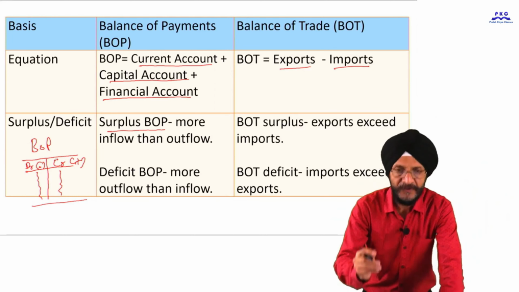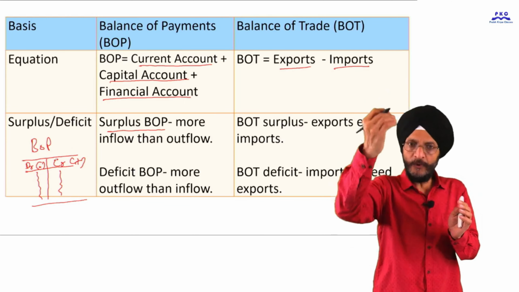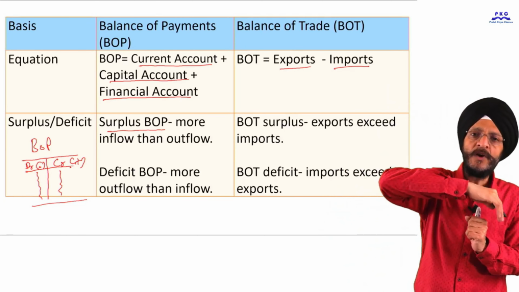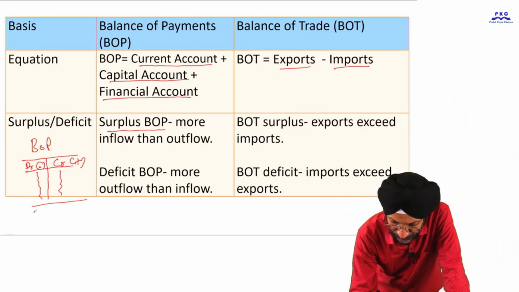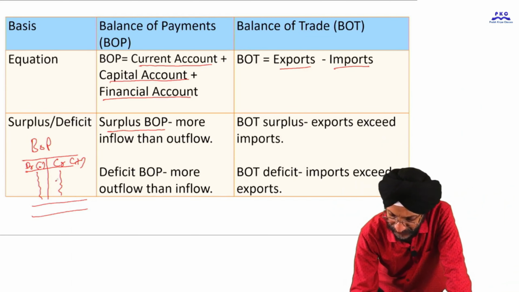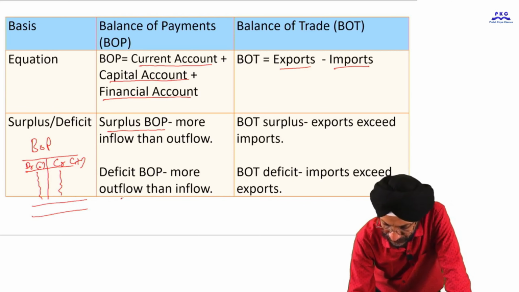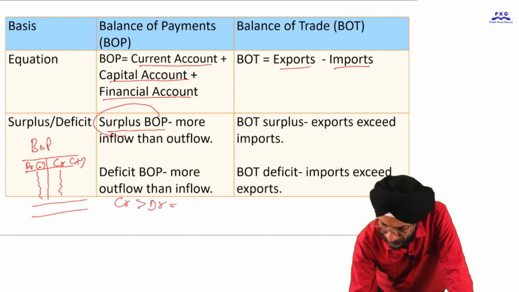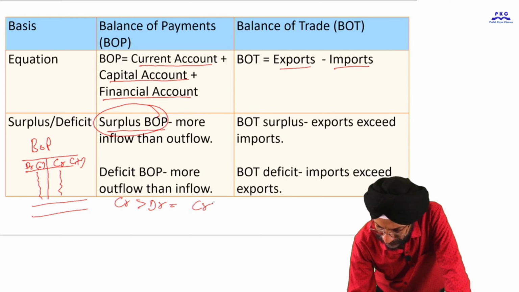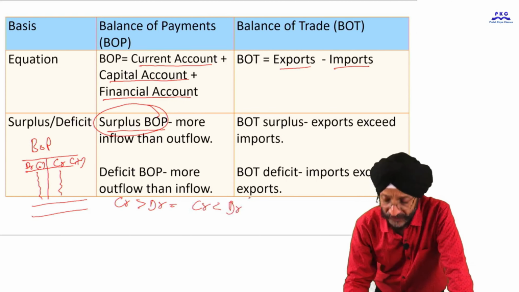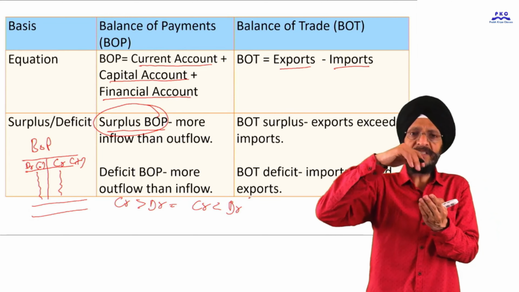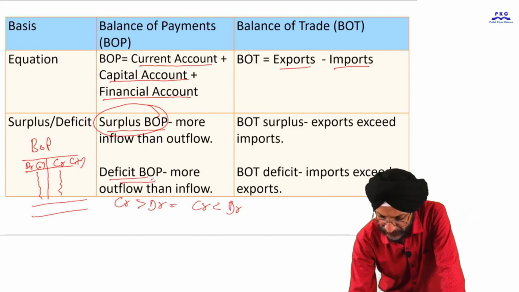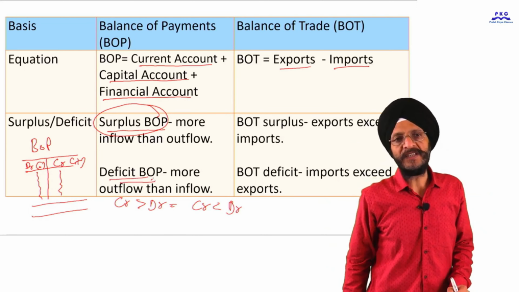All the items which result into inflow of foreign exchange are recorded on the credit side, and all the transactions which result into outflow are recorded on the debit side, and we make a total of the debit side and credit side. If credit side is more than debit, it is surplus BOP, and if credit is less than debit, that is inflow is less, outflow is more, then it is deficit BOP, deficit balance of payment.